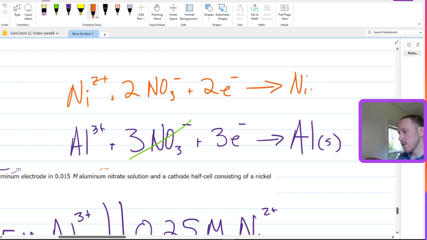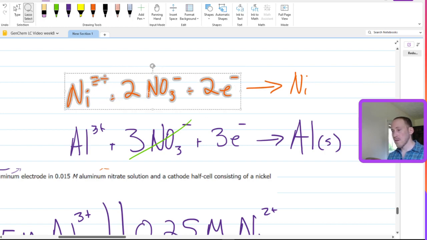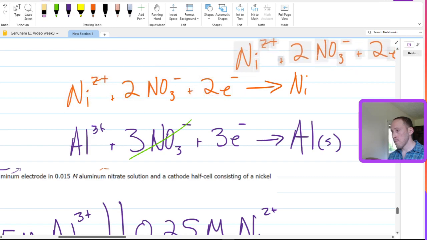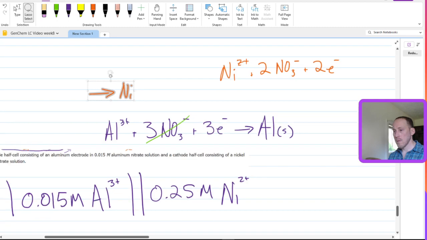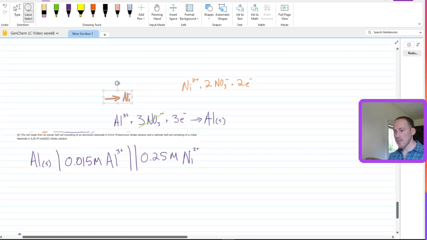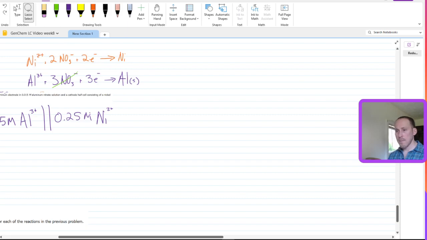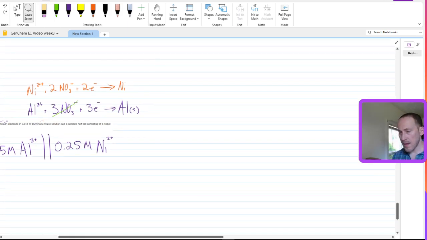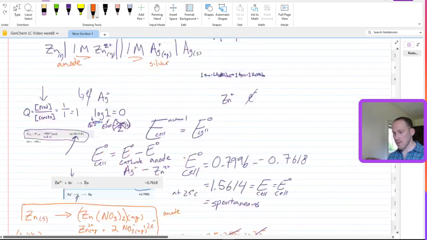But the problem is, first off, I should have written that backwards because this is the anode, right? Here we go. Oh no, I'm sorry, that is the cathode. So that was the correct part. That's the cathode.